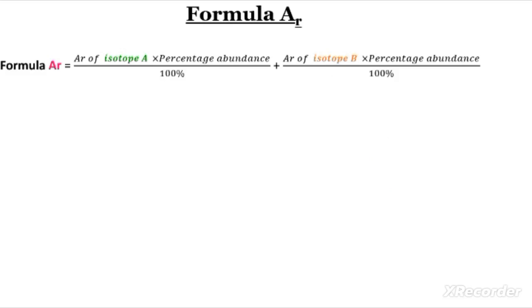To find the relative atomic mass, the relative atomic mass is equal to the relative atomic mass of isotope A times the percentage abundance of A over 100%, plus the atomic mass of isotope B times the percentage abundance of isotope B over 100%.